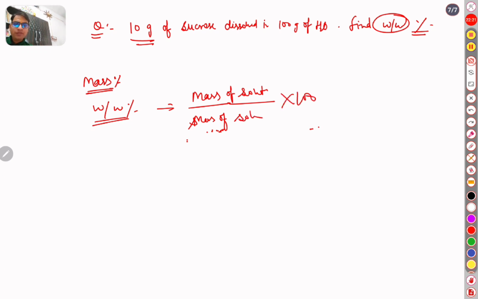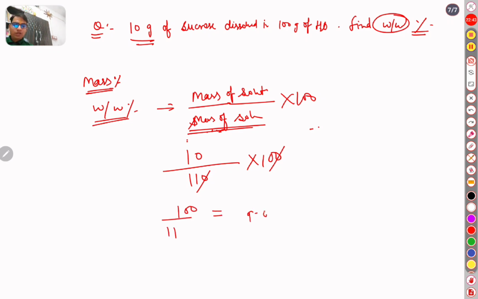Solute is given, 10, mass of solution is 10 plus 100, 110, into 100. 10 cut out, now 10 into 10, 100 by 11. We will get 9.09% approx.